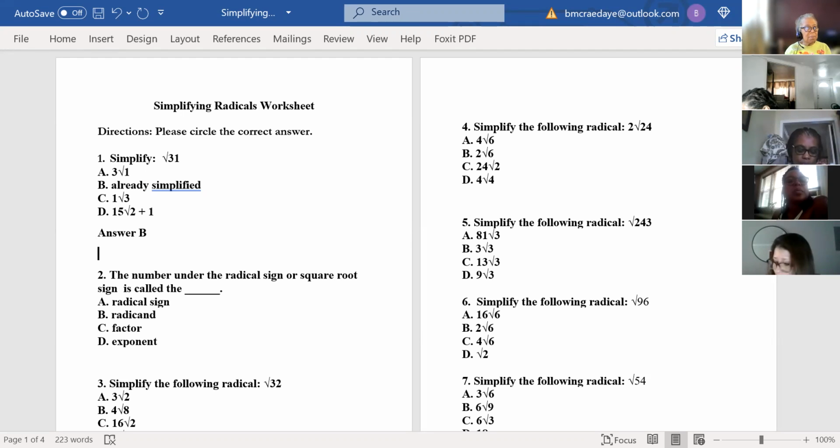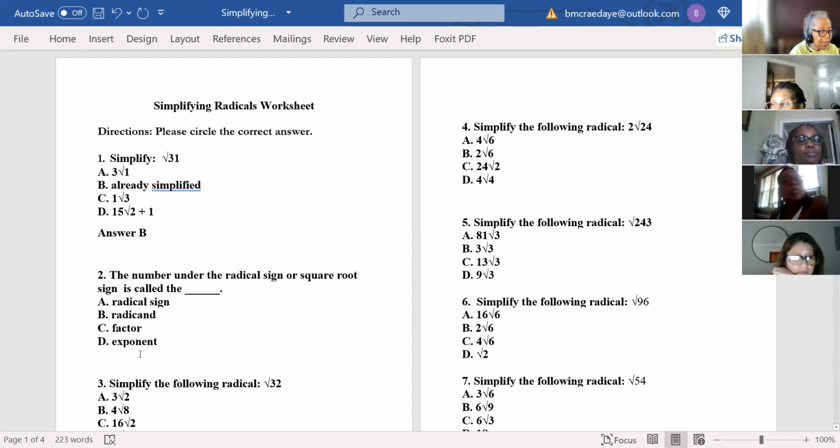Now, when we talked about simplifying, we said you had the radical sign and you had something under the radical sign. And what do we call that? Jess, do you remember? Which one are you doing? Number 2. Okay. This is the radical, the square root sign, right? The number under the radical here is 31.